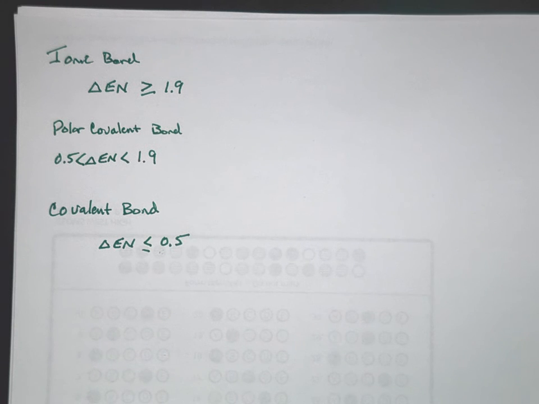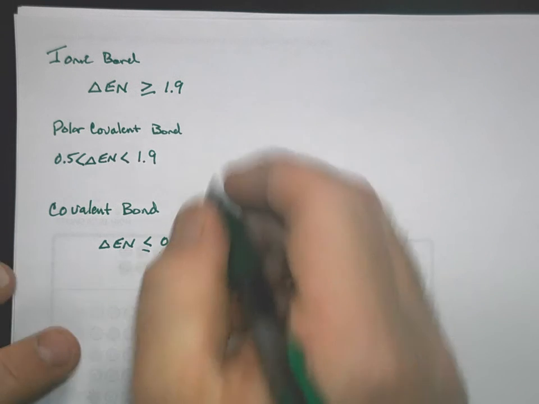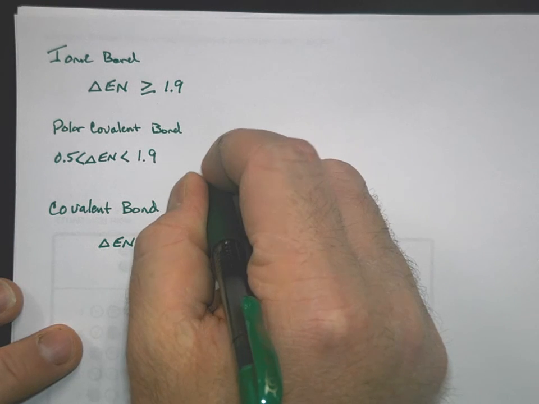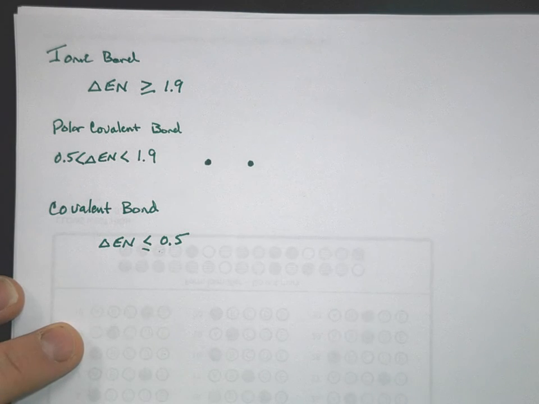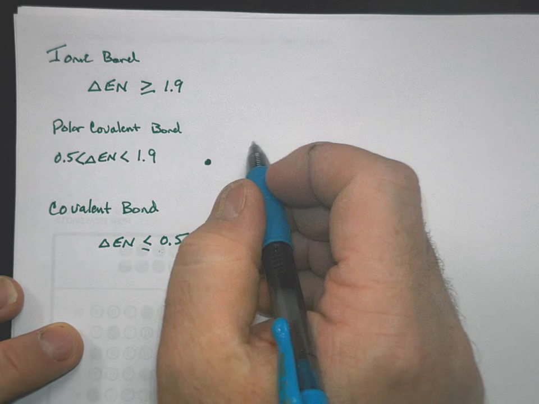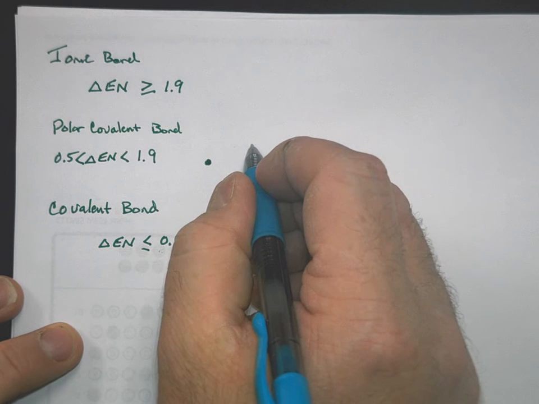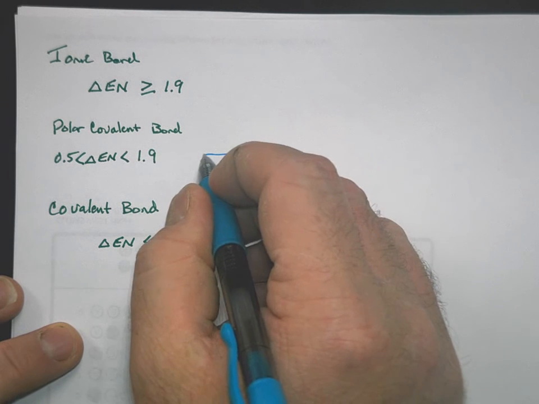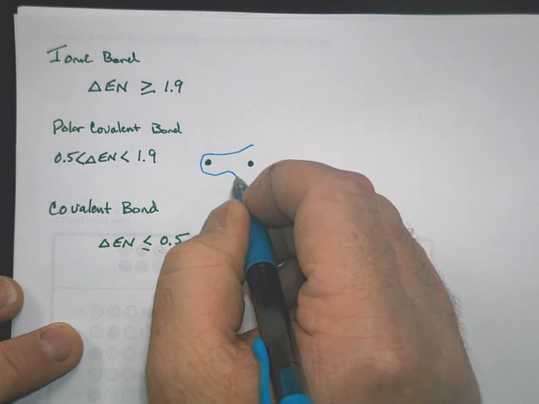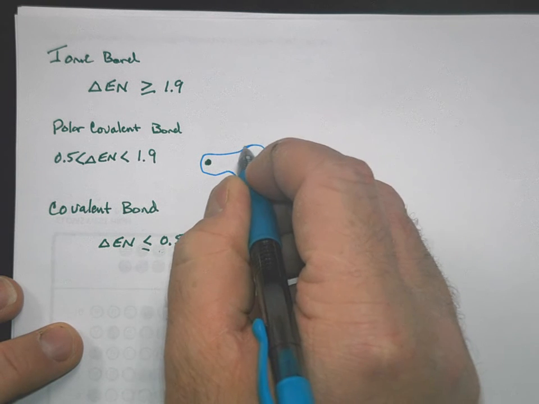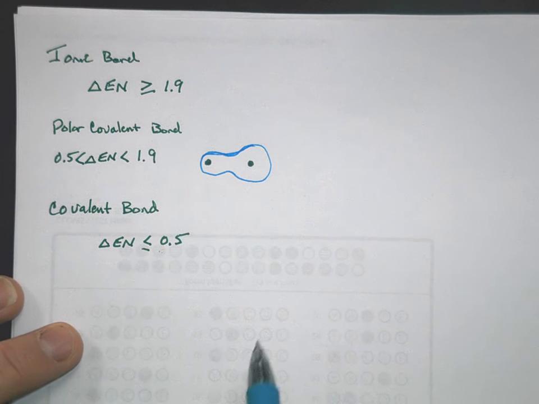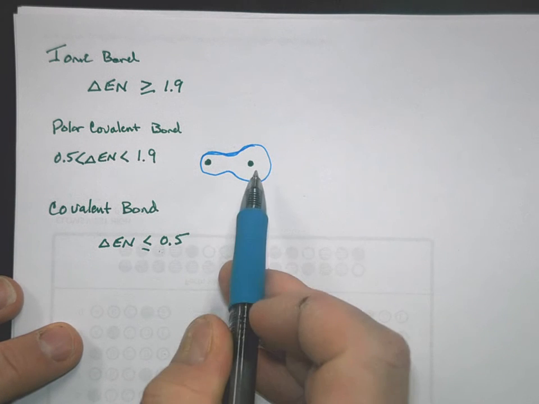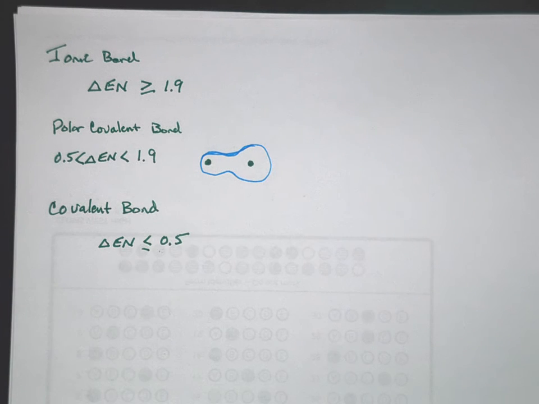Now it's still going around both of them, but it looks like this. Here's one atom, here's another one, and the orbital shape is like this. Remember, it's a probability space.